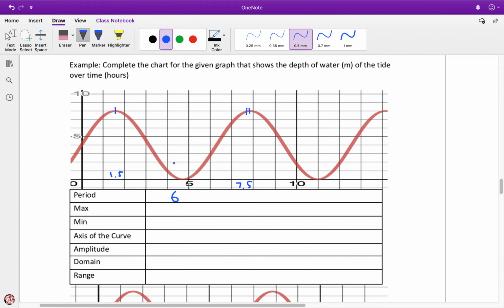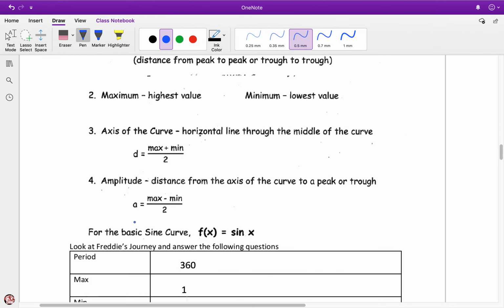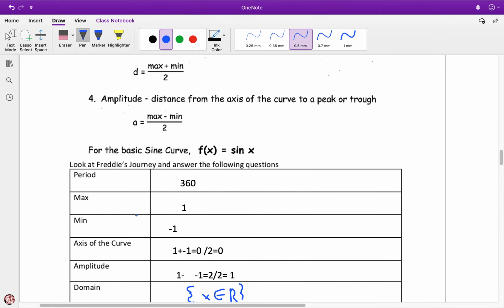Now my maximum here, if I look up, it's going to about here. So that's 6, 7, 8. So my maximum is 8, and my minimum is 0. Now my axis of the curve. If I go back up to my formula, it's max plus min divided by 2.